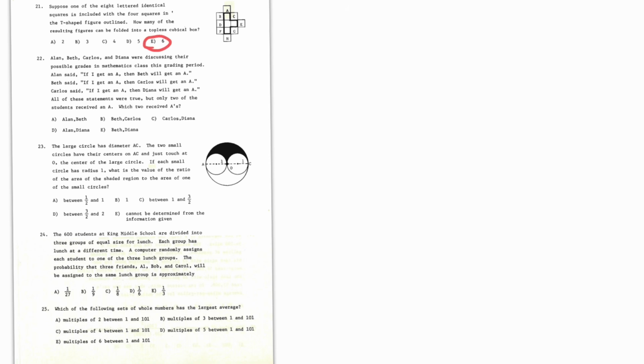Number 22. Alan, Beth, Carlos, and Diana were discussing their possible grades in mathematics class this grade period.